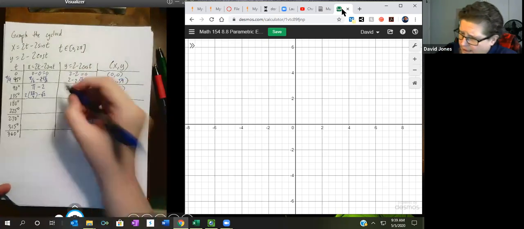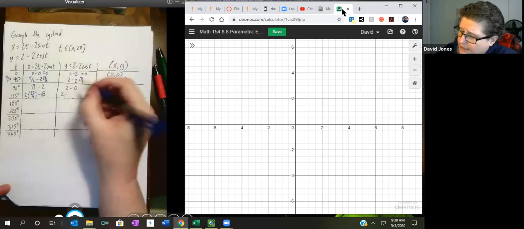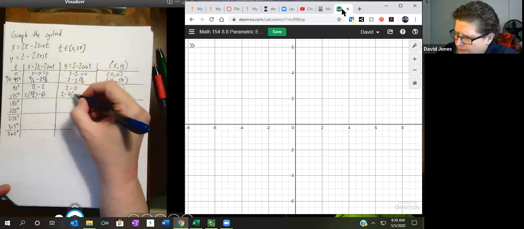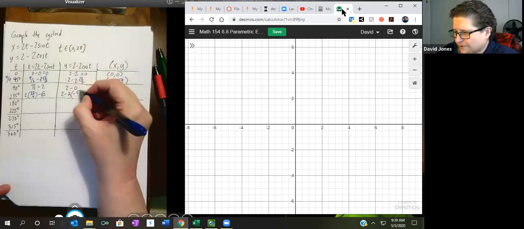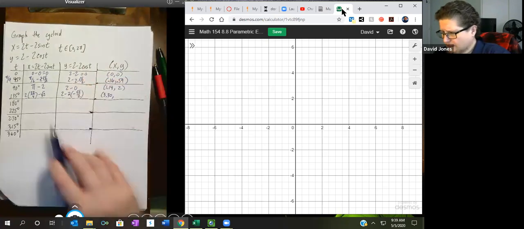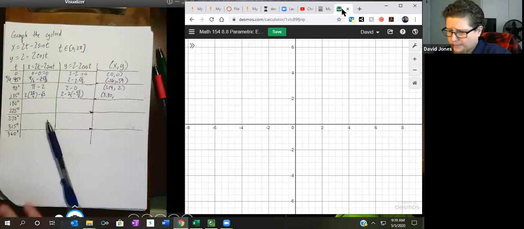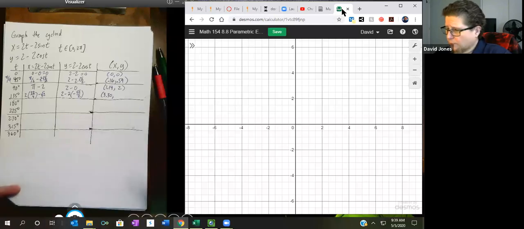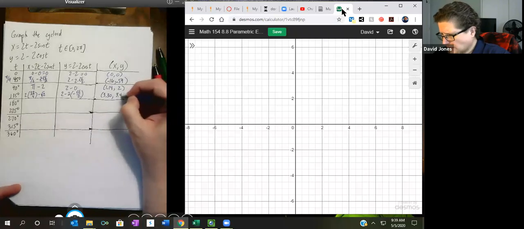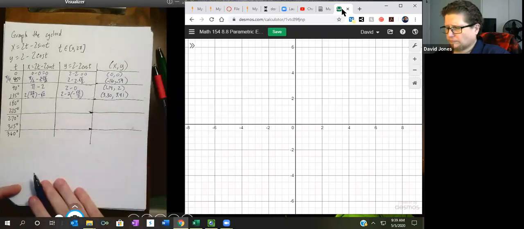And we plug that in here. We've got 2 minus 2 times negative root 2 over 2. So it ends up being 2 plus the square root of 2, 3.41. And this list keeps going.